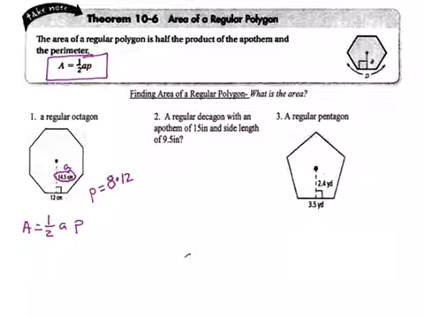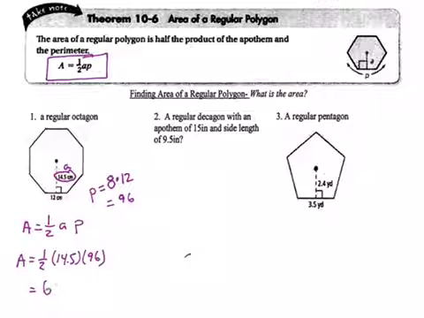Well, 8 times 12, that's going to give us a perimeter of 96. So our area formula equals 1/2 the apothem of 14.5 times 96, which in this case gives us an area of 696 centimeters squared.